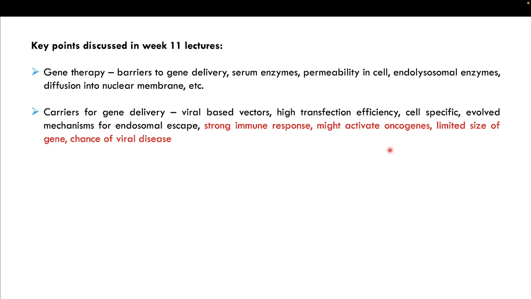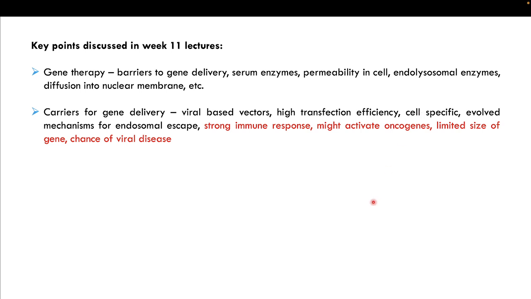But as with every other system that we have seen throughout the course, it will have its own advantages as well as disadvantages. So the first advantage is it has a very high transfection efficiency. Transfection efficiency meaning the transfer of the gene from the virus to the mammalian cell is very good.